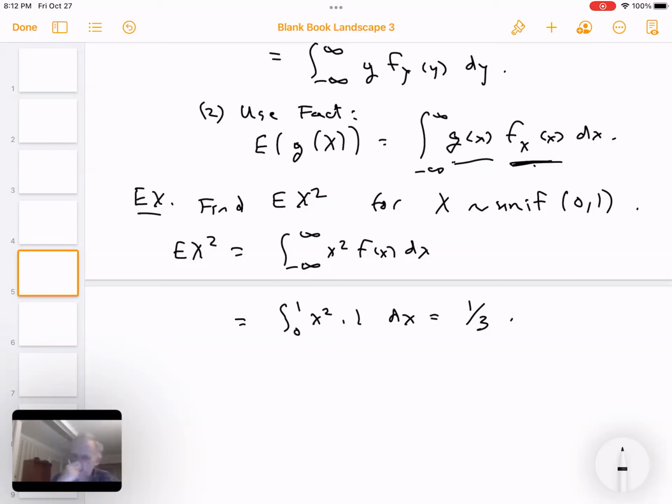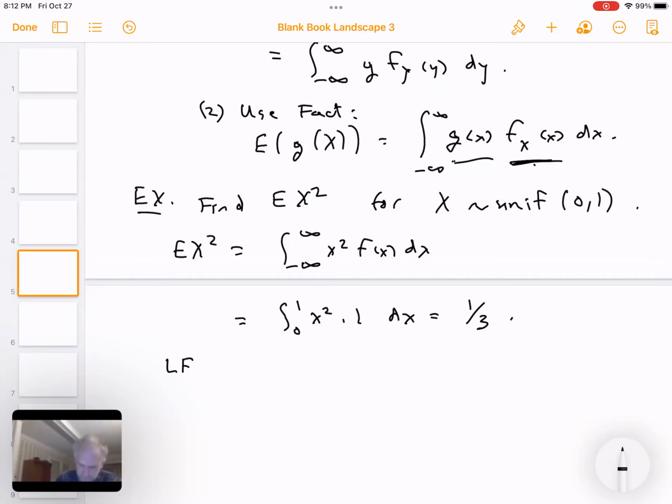Now, I could find the PDF and do it that way again. I'm going to skip this to save writing and make the video a little shorter. So let me just put it as an exercise, or an LFS, left for student.